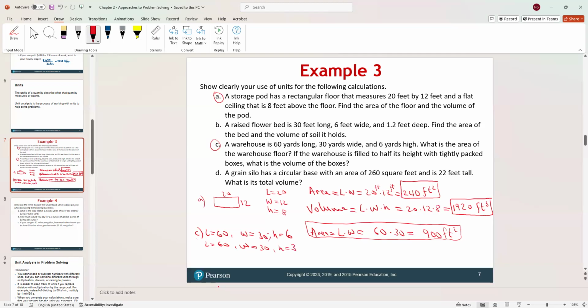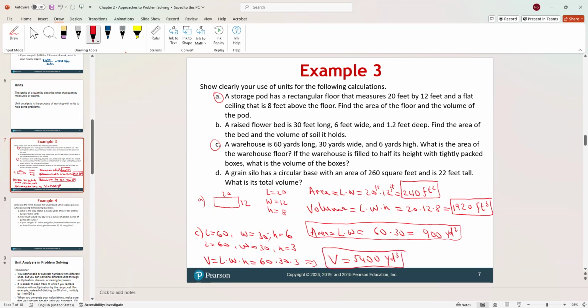So what's the volume? We know volume would be length times width times height. Now, 60 times 30 times 3 would give you a number. So what is that volume when you multiply them like this? It's 5,400. Is it square feet? Oh my God, I put square feet right there. It's square yards because everything is in yards. Right, cubic yards.